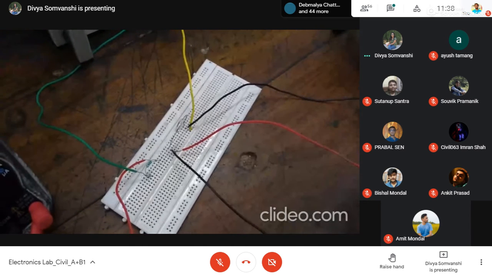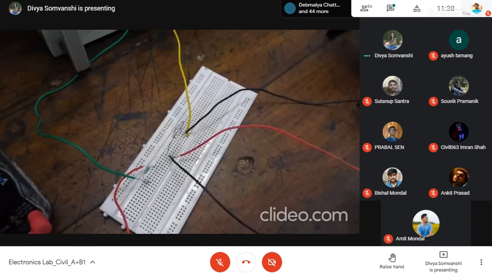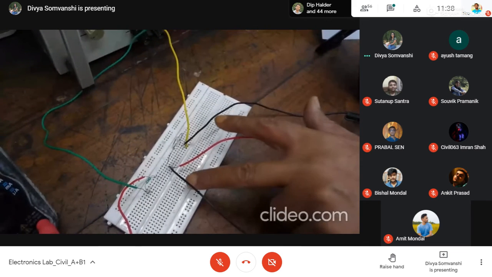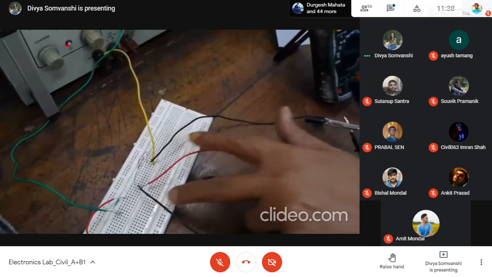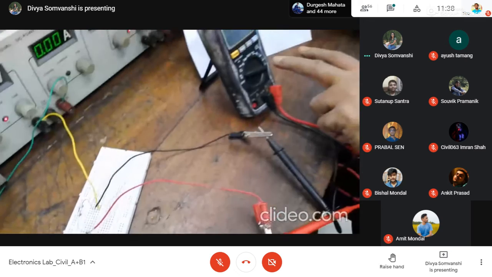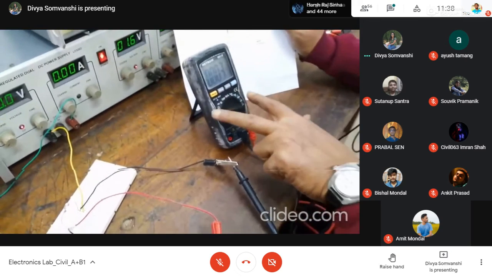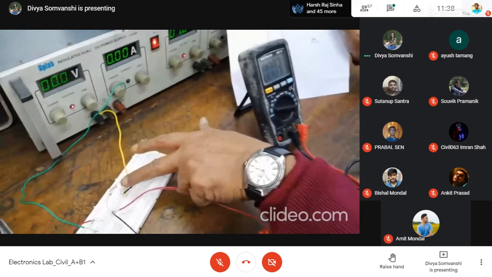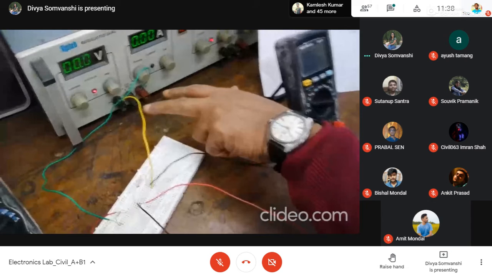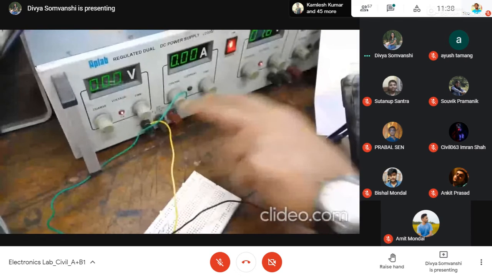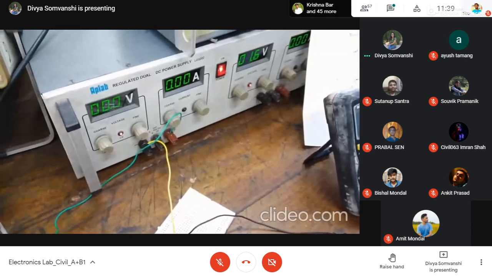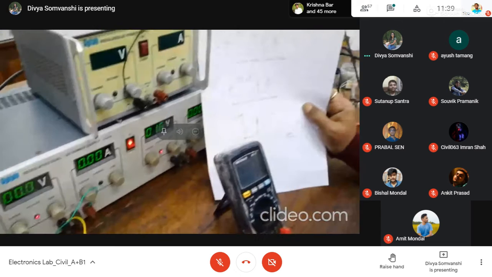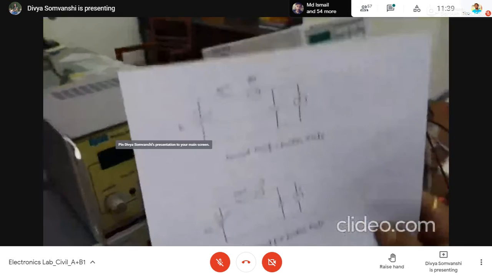Now this diode is your germanium diode. Across the germanium diode, we observe the voltage with this multimeter, and from the cathode of the diode, the yellow wire reaches the negative terminal of the power supply. The circuit has been constructed like this.